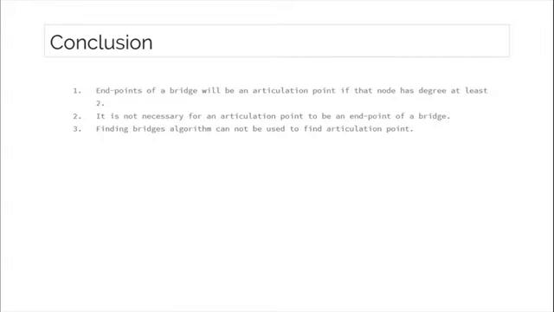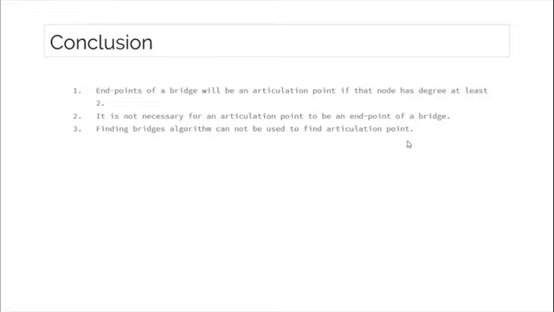If the degree is at least 2, then that endpoint is an articulation point. Second, it is not necessary for an articulation point to be an end of a bridge, as we have seen in the previous example. So the algorithm for finding bridges actually cannot be used to find articulation points.